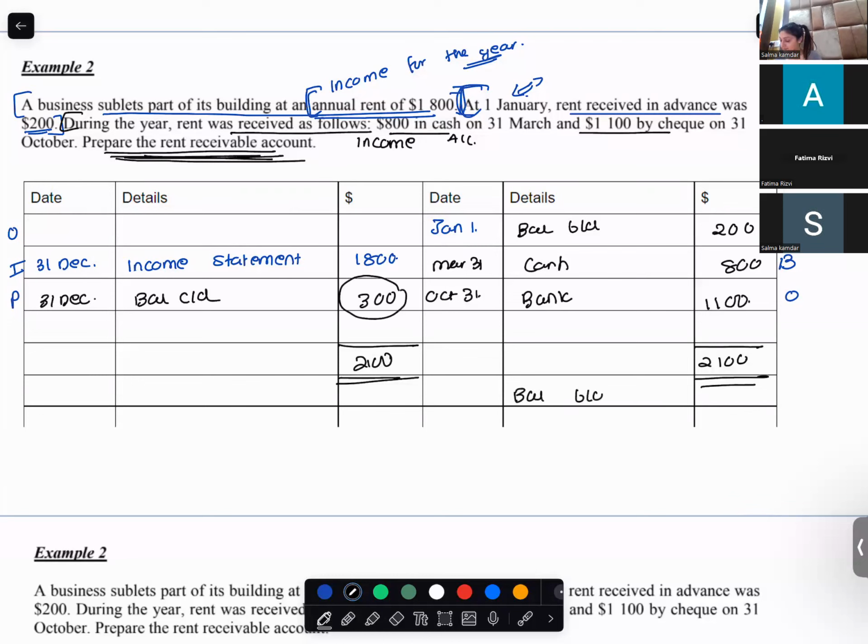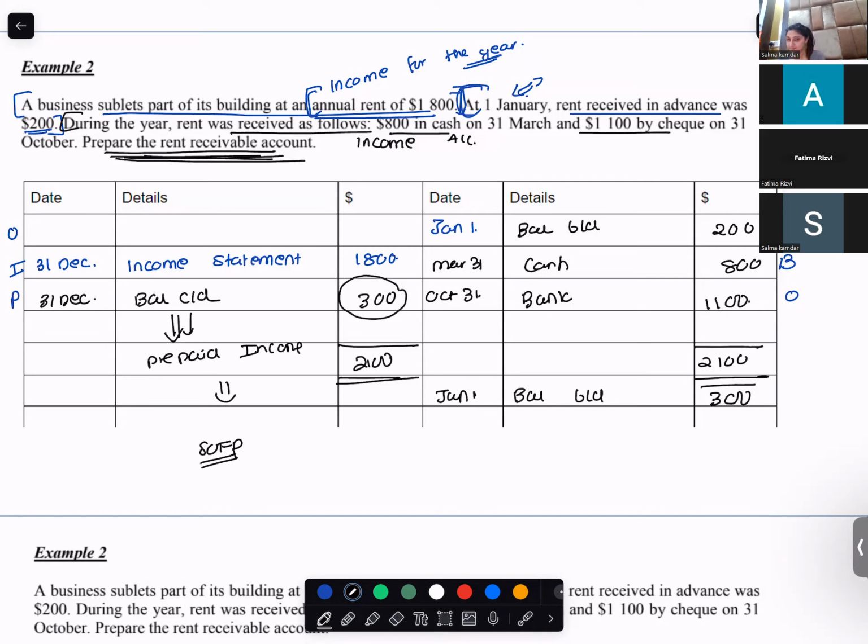Mahad, I want further analysis. Tell me, what does this represent? This is the prepaid income for the year. Which section of your statement of financial position will it appear? Prepaid income is a current asset. Think properly.